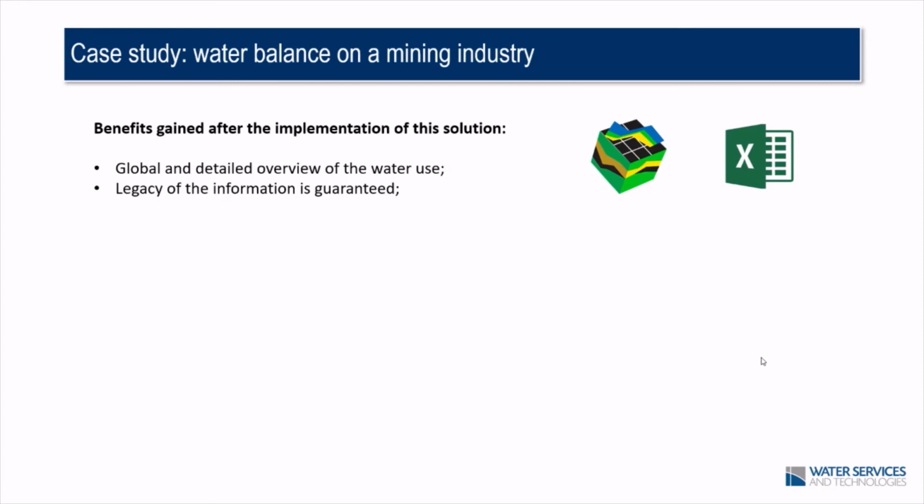It has the legacy of the information. So for example, if this mining company has one person that is responsible for analyzing all the water use data inside the mining company, and the company doesn't have a data management system, this particular person would have all the data stored in many Excel tables inside some folders of this person's computer.